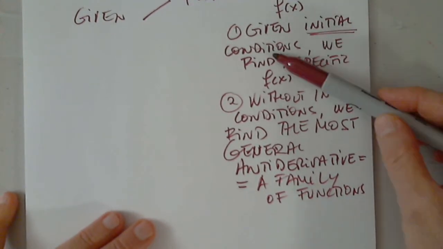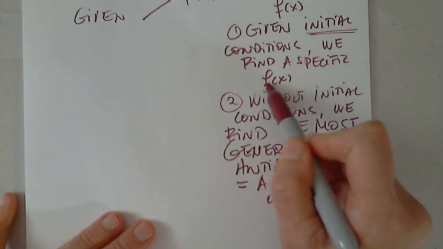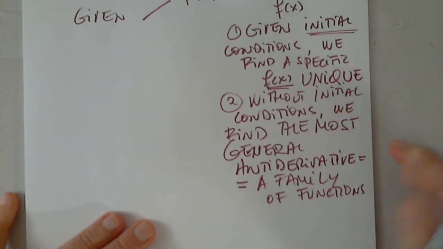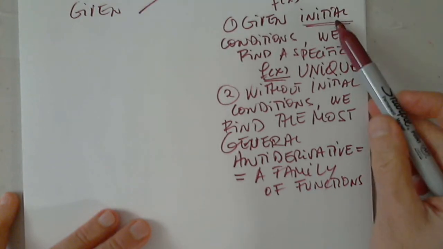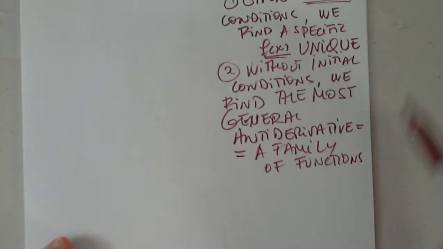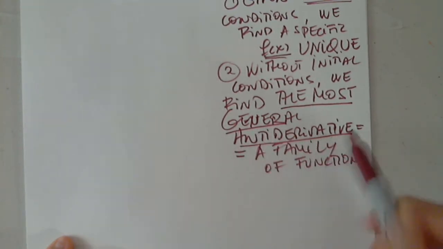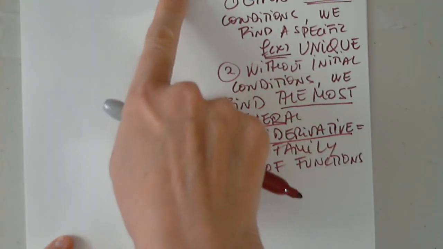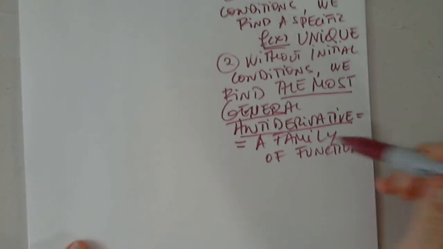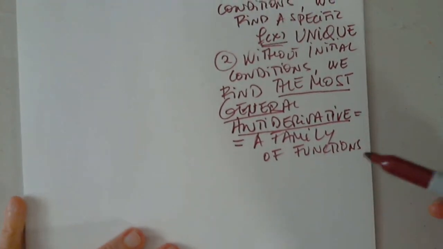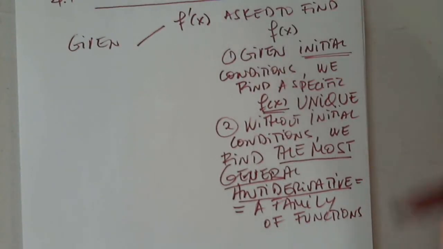So if I'm given initial conditions, then I will find a specific, unique f of x. If I am not given initial conditions, I will find what is called the most general antiderivative of function f prime, but it will be a family of functions, many functions that have the same derivative.